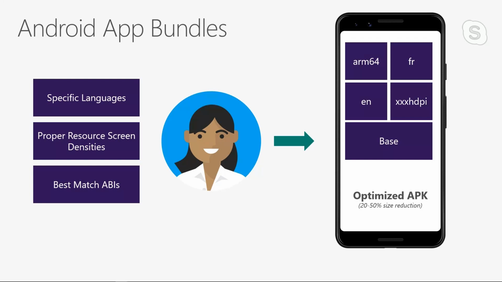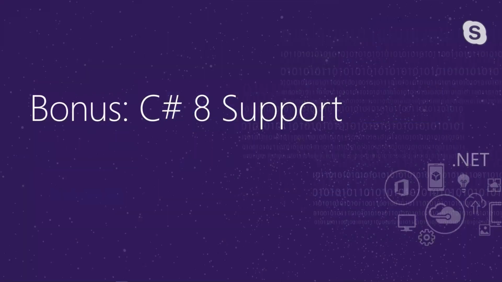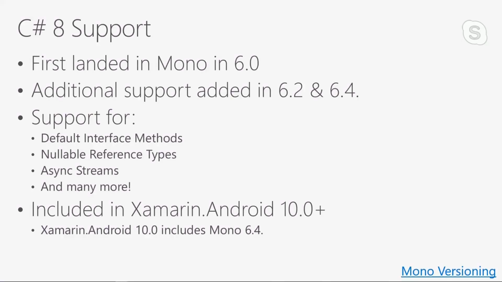It's pretty powerful. But last but not least, I do want to talk about C# 8 support. Starting with Mono 6.0, C# 8 support already landed, and support continued to be added in 6.2 and 6.4, which are Mono versions.